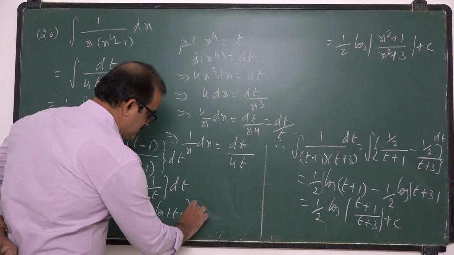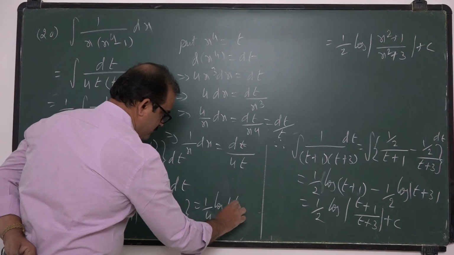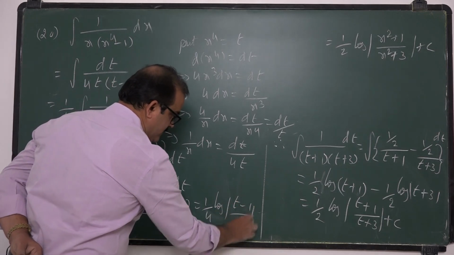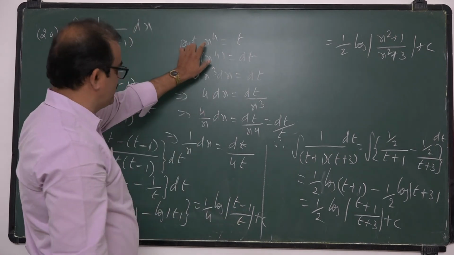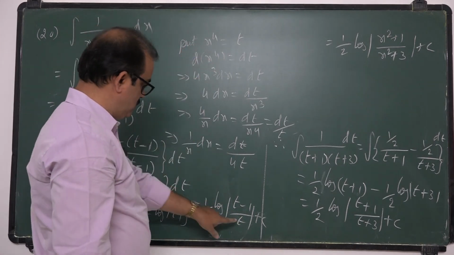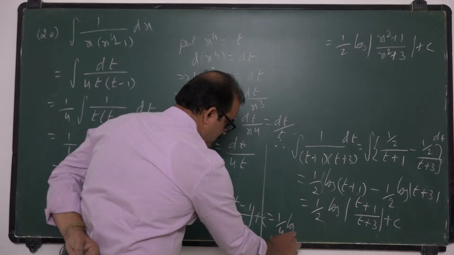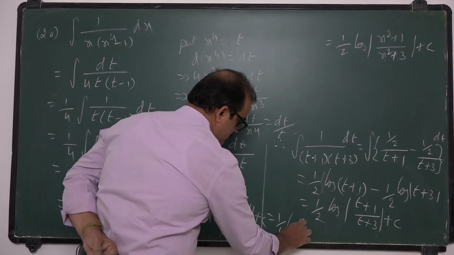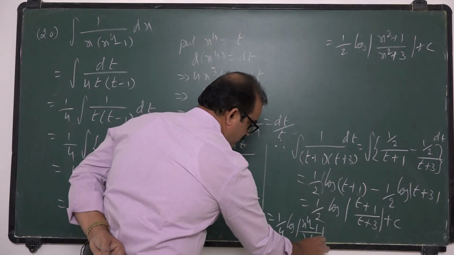So write it as 1 by 4 into log mod (t minus 1) by t plus c. But what is the t value? From our assumption, x power 4. Write the t value: 1 by 4 into log of (x power 4 minus 1) by x power 4 plus c.